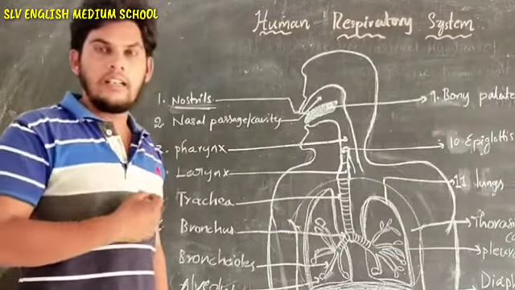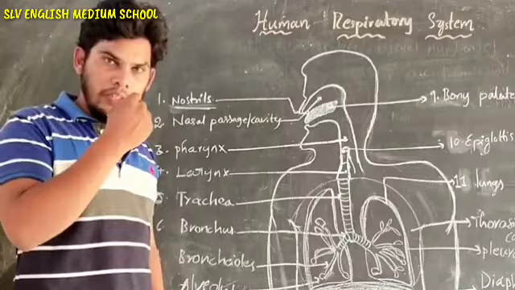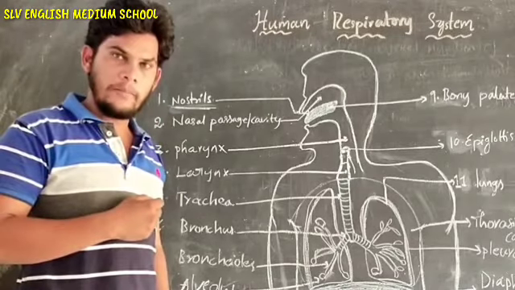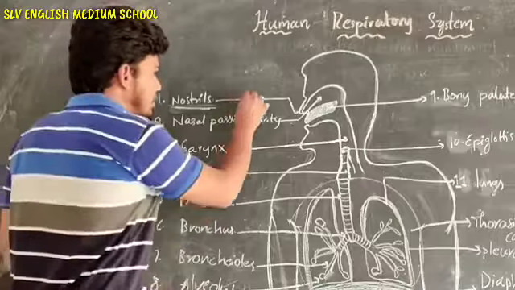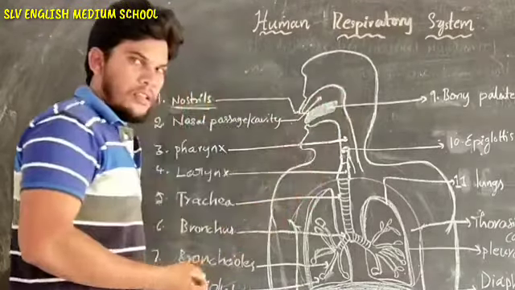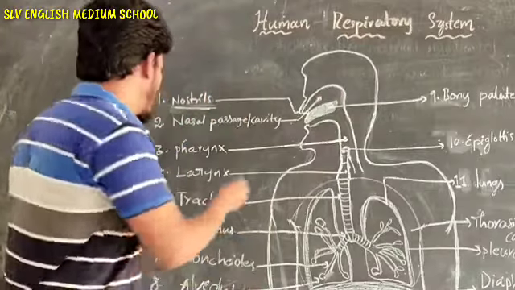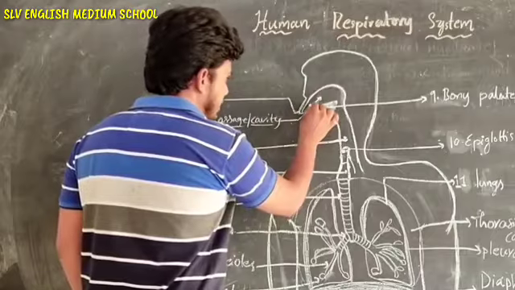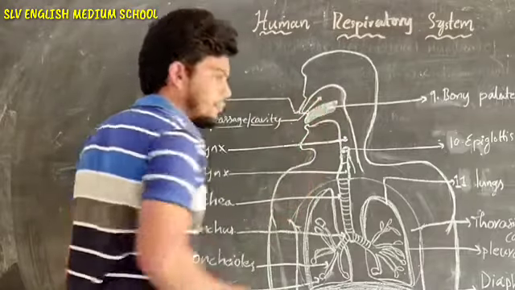Air enters into the lungs through these two nostrils. These nostrils open into a tubular structure called the nasal passage, or nasal cavity. It is the nasal cavity.